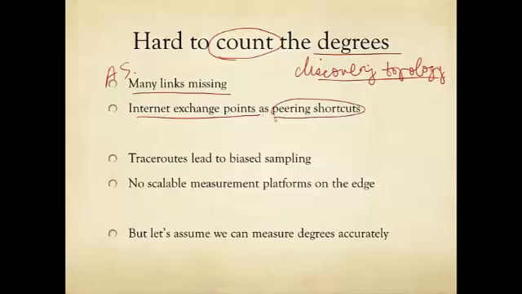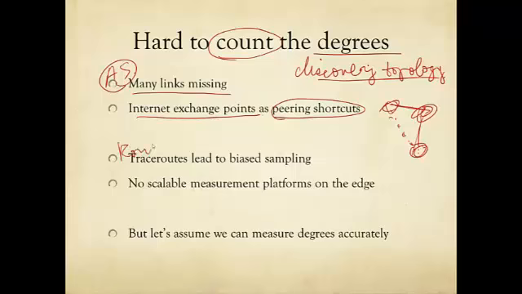As peering shortcuts, they decide that instead of going through some big autonomous system, they will form a shortcut themselves, say between two smaller to medium-sized autonomous systems. And often these are not recorded. So it's widely reported that it could be more than half of the links are actually missing, and therefore we're not even close to having a precise view of the AS graph.